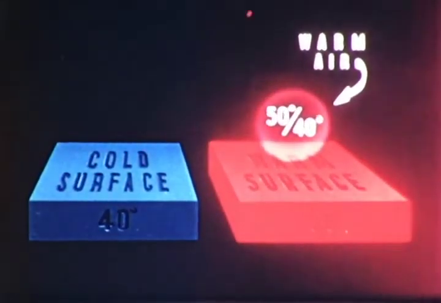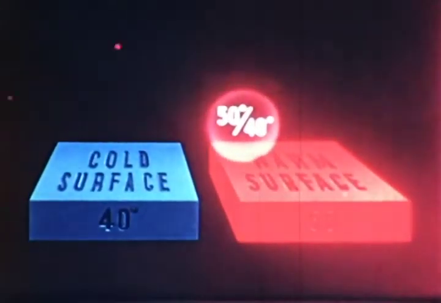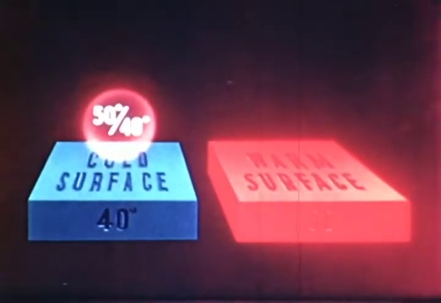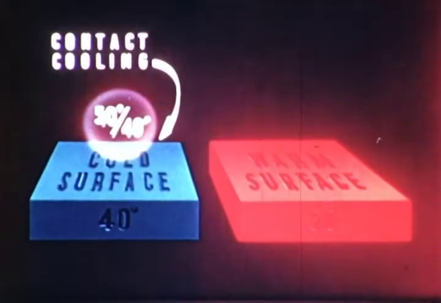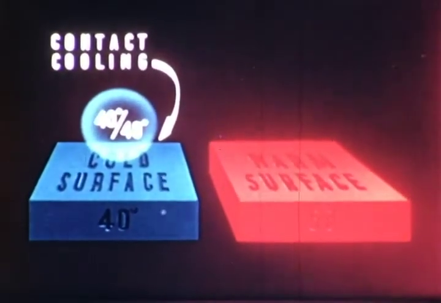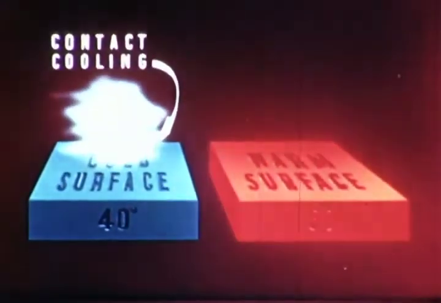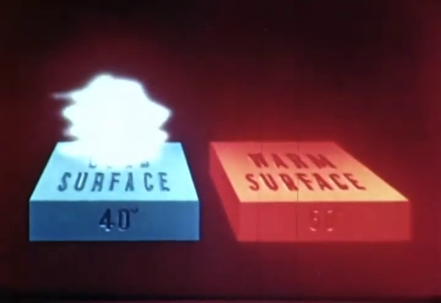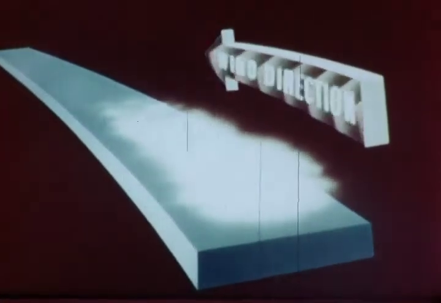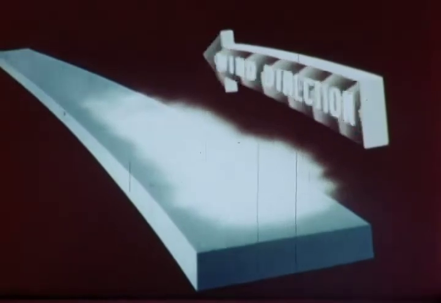Warm air moving from the warm surface over the cold surface will be cooled by contact. If the cooling is sufficient to lower the temperature of the air to the dew point, fog will form. Fog formed by this process is frequently carried from one point to another by the wind.